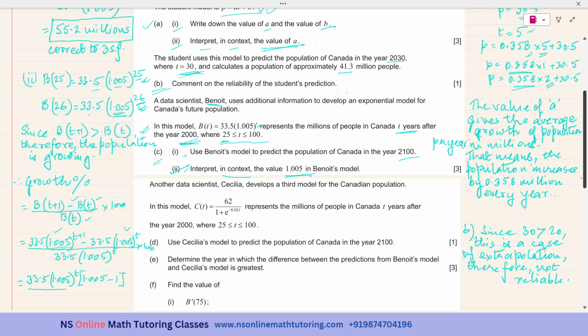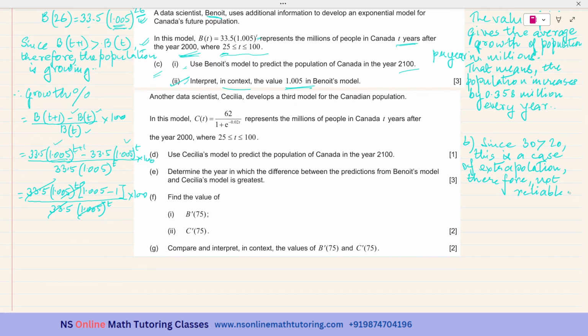Okay. Over 33.5 times 1.005 raised to the power of t, times 100. So these two will get cancelled, and 1.005 minus 1 is equal to 0.005, times 100, which is equal to 0.5%.